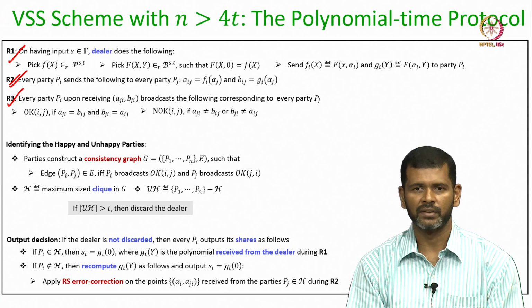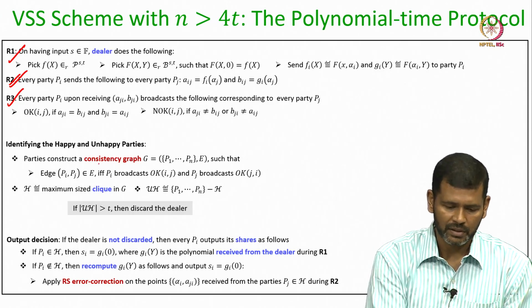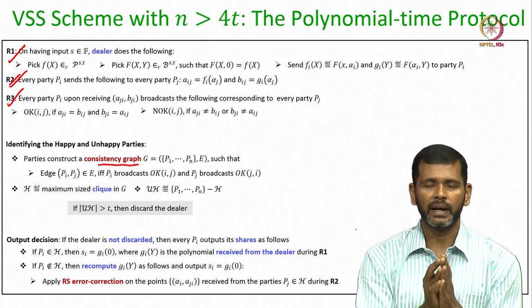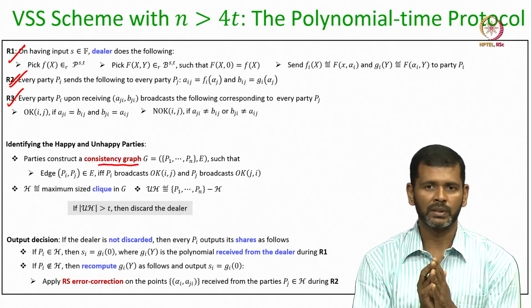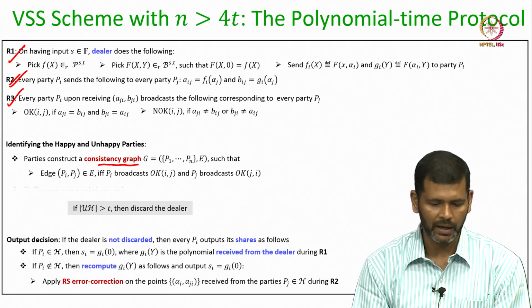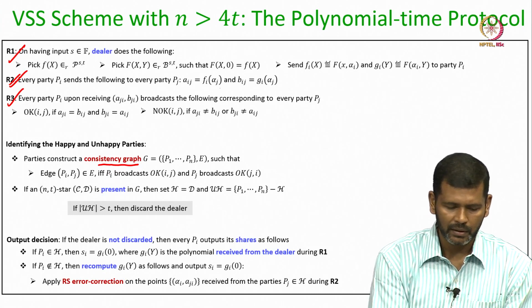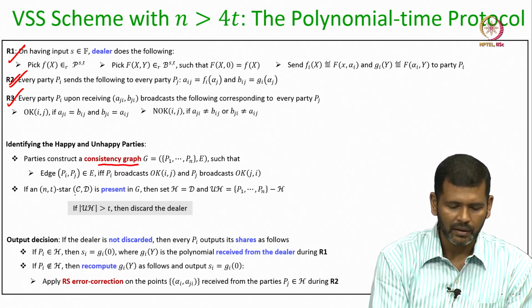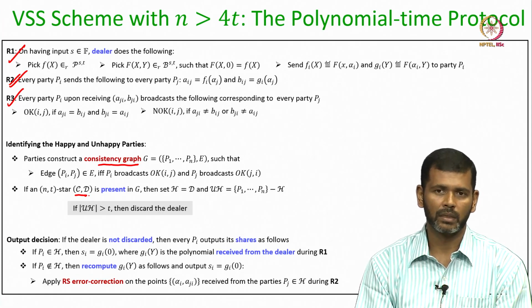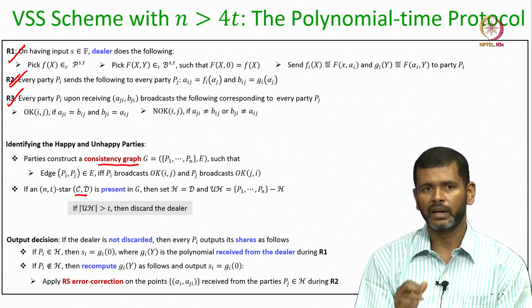The parties construct a consistency graph, and now we do not define the set of happy parties to be the parties representing the maximum sized clique. We do not do that, but rather we check whether some NT star is present in the graph or not. And how can we check this?